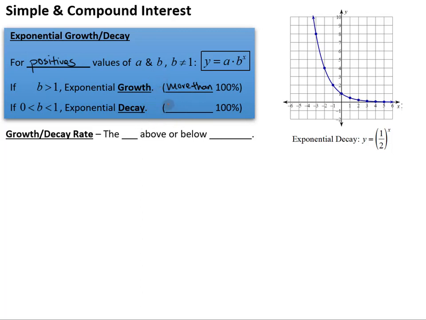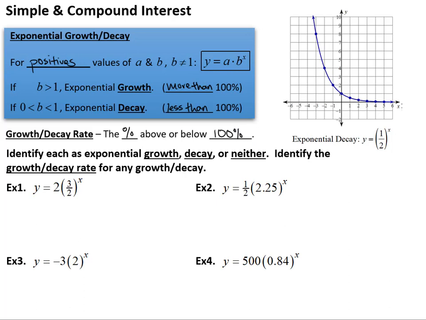So when we are less than 100%, that's called exponential decay. So between 0 and 1, like 0.5, is exponential decay for our base. The growth or decay rate is the percent above or below 100%.